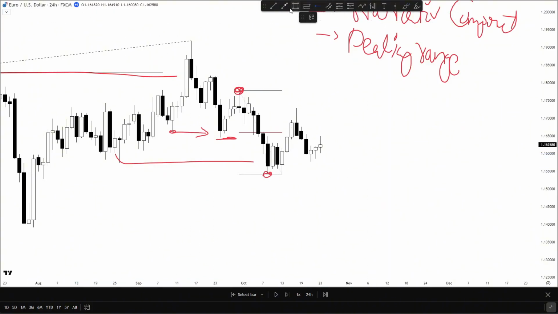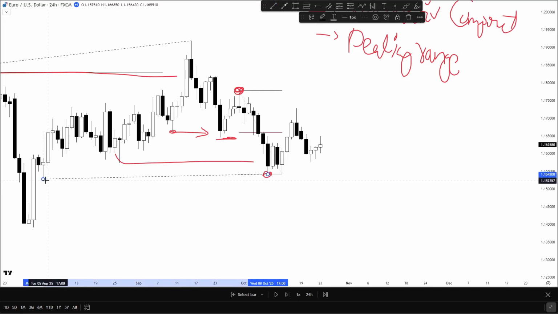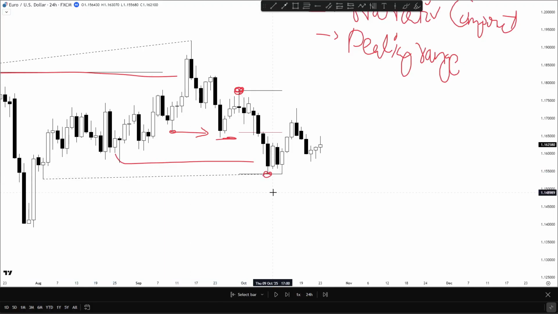What happened is that DXY took out this low, took out the corresponding high to this low, but EU failed to do so. And because of this factor and this factor, I established and determined that we've now formed this dealing range.